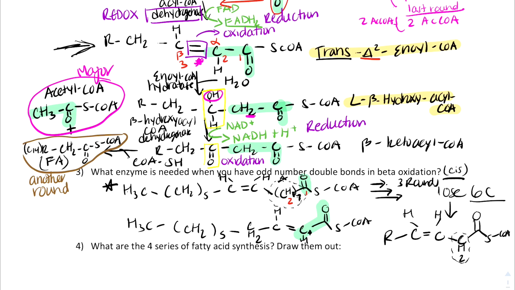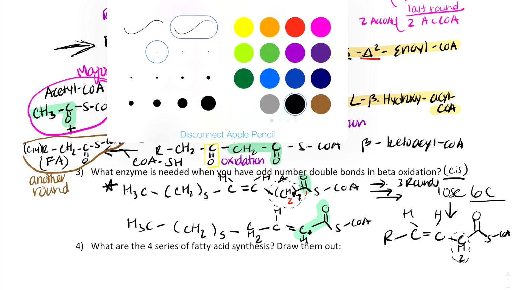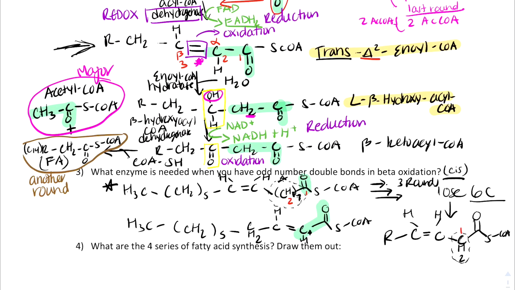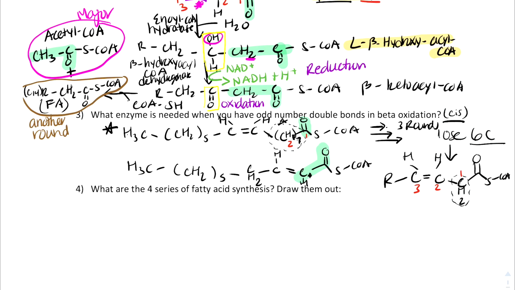So now we have carbon 1, 2, 3. So now this is called cis, I'm missing a carbon. Sorry, I keep numbering these wrong. You always want to start with the carbonyl. 1, 2, 3, 4.